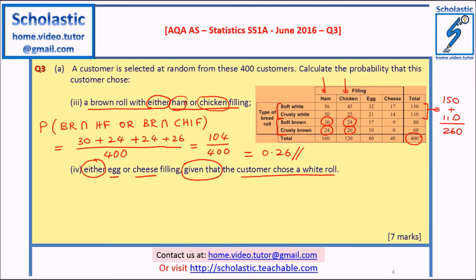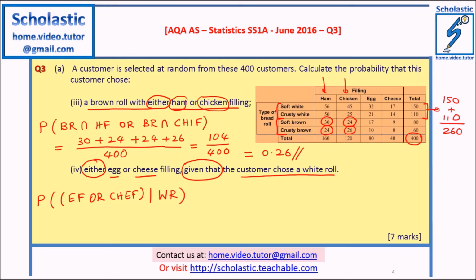That means the probability of choosing either egg filling or cheese filling, given that it is a white roll. This is the condition.